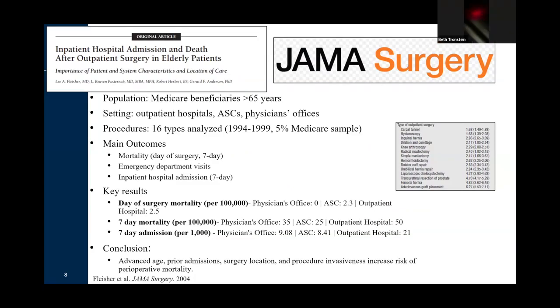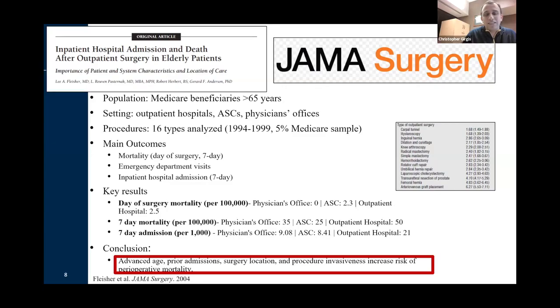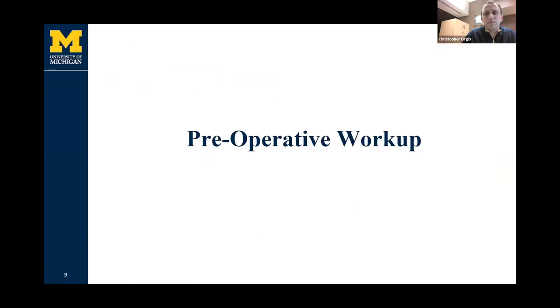We won't go into the detail, but when we look at their conclusion, what put these patients at a high risk of mortality was advanced age, prior admissions, and procedure invasiveness. A lot of these patients that we do surgeries on run the risk of a high mortality. So it's really important that we optimize these patients perioperatively.